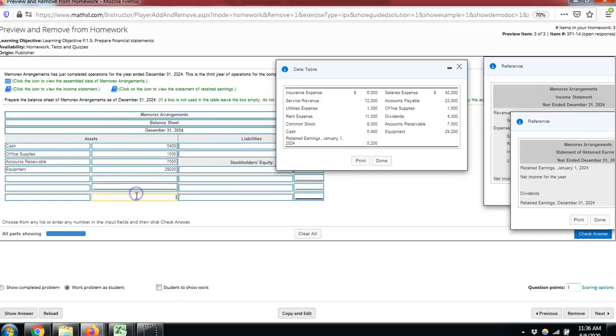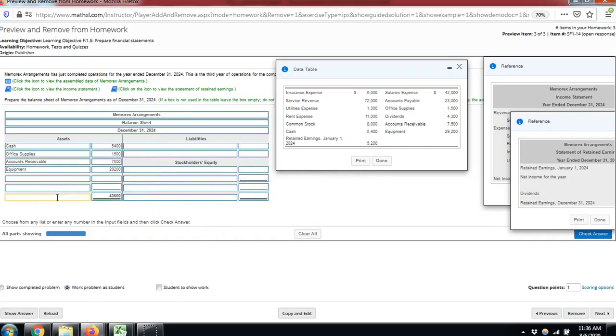Okay, so when we add all this up, what do we get? Let's do the math real quick. So I'm getting 43,600. And this is going to be total assets.